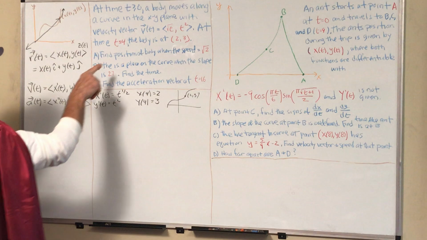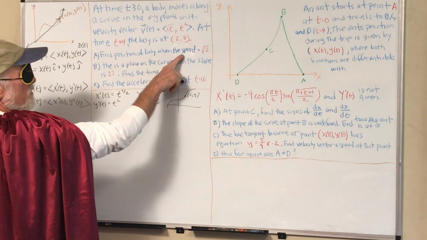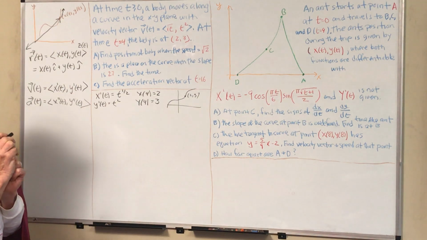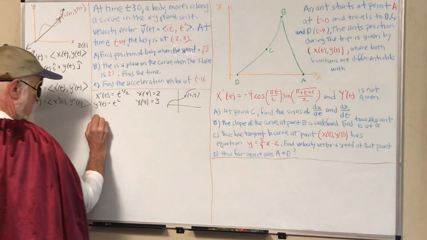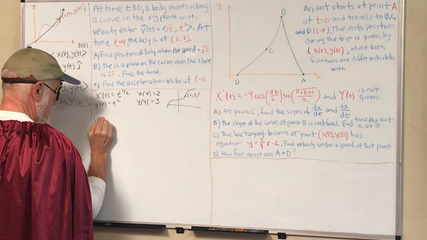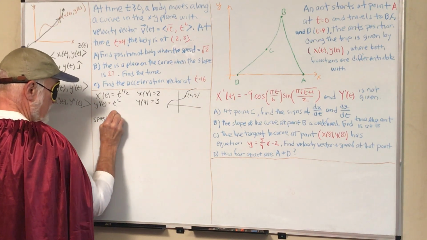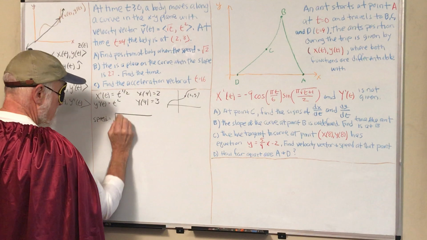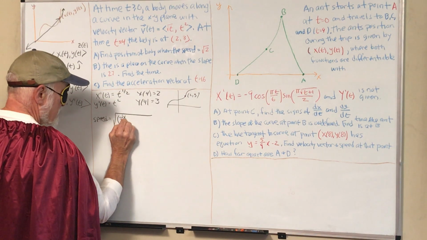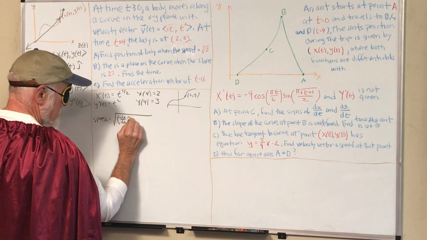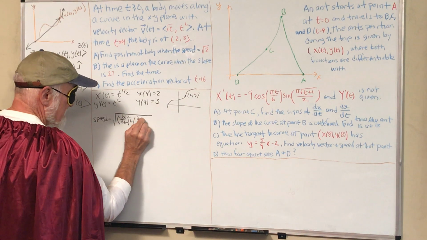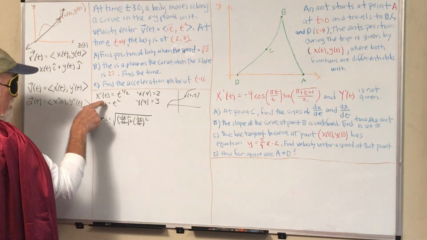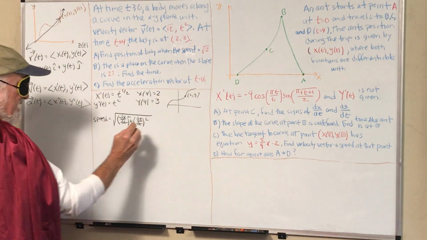So the first thing wants to find the position of the body when the speed is 2. So we have to think, what is speed? Speed is the square root of dx dt squared plus dy dt squared. So we already know dx dt and dy dt.